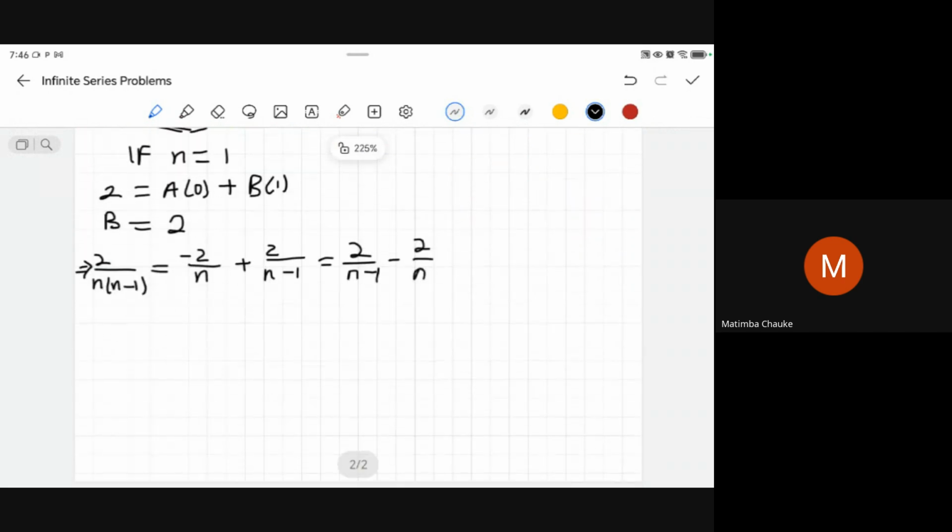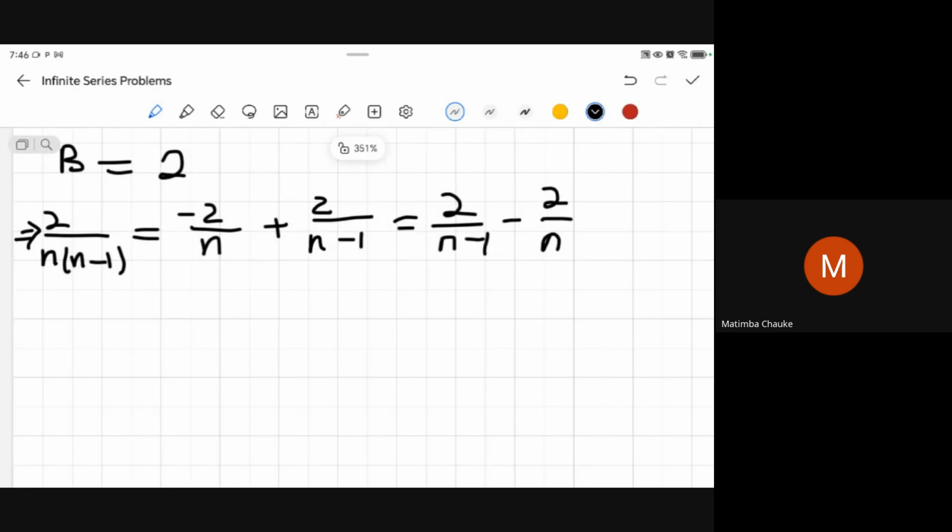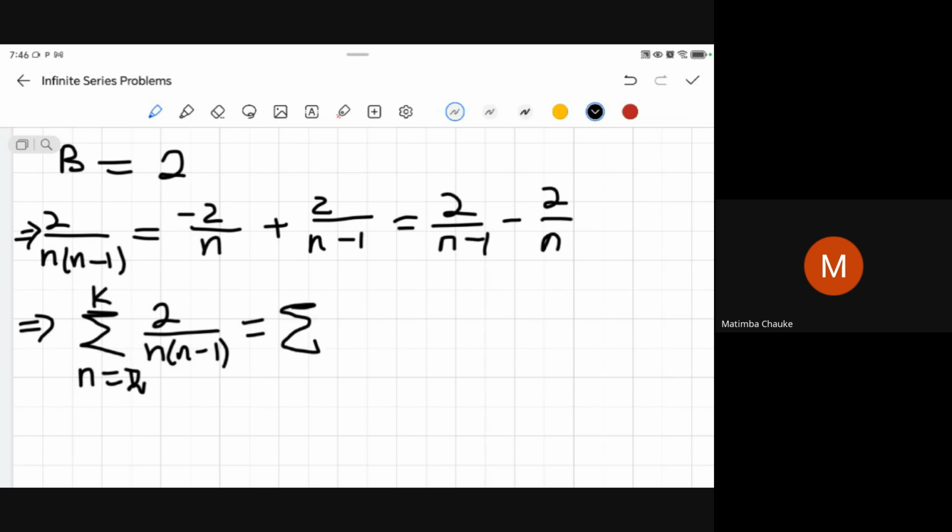I go back now and say this would now imply that the summation, you see, I think it started from 2, of 2 over n minus 1 would be equal to the summation from n equals 2 until k of 2 over n minus 1 minus 2 over n.